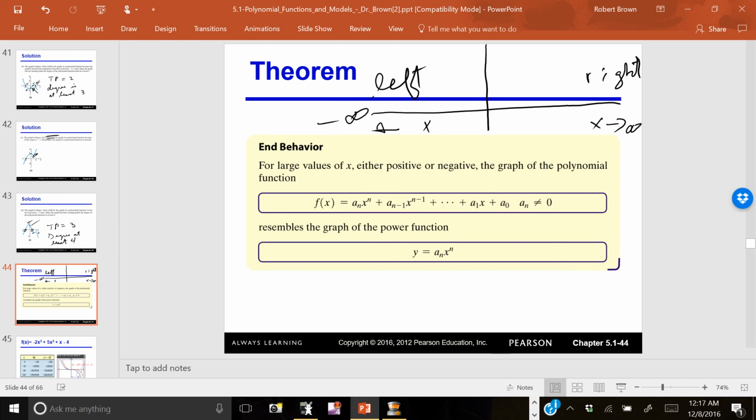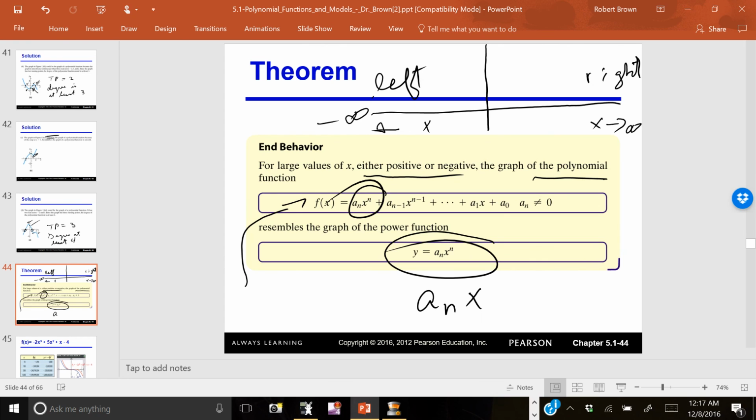And it says for large values of x, either positive or negative, the graph of a polynomial function given here closely resembles just the leading term, a sub n, x to the n. It dominates.